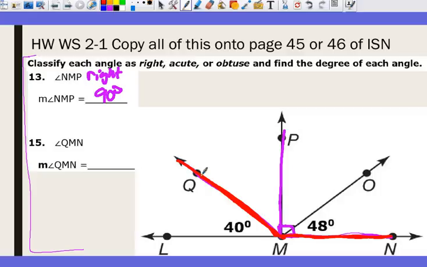So can it be 40 degrees if it's an obtuse angle? Don't yell out the answer. We're working on this right now. So, this is an obtuse angle. We know that for a fact. Now, do not yell out the answer. Raise your hand when you think you know it. How many degrees do you think this red angle from here to here is going to be? Raise your hand when you think you know the answer, and you have to explain how you know it now.